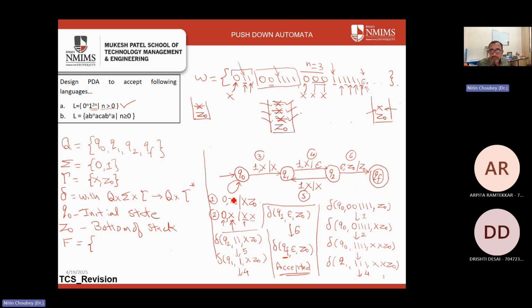How many final states do we have here? Just one, which is QF. So this is the way in which we write the tuple definition for the constructed PDA. Let's say M equals Q, sigma, tau, delta, Q0, Z0, F. This is our PDA for the first language, that is L equals 0^n 1^n. Any queries about this example?